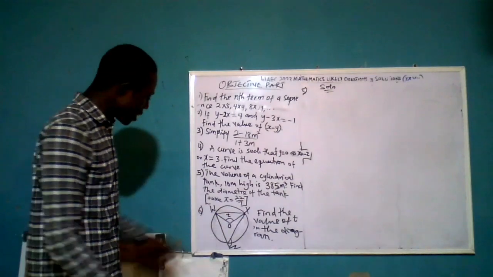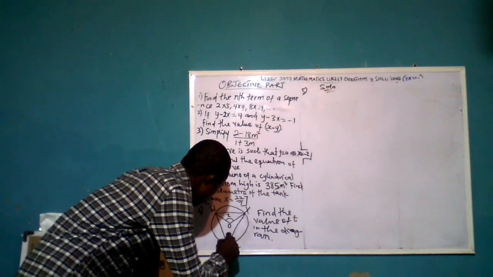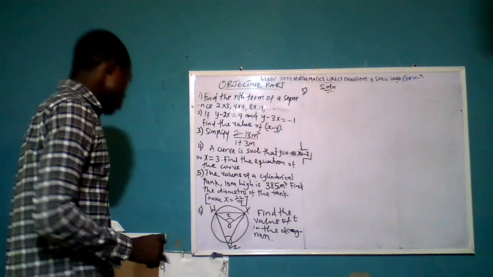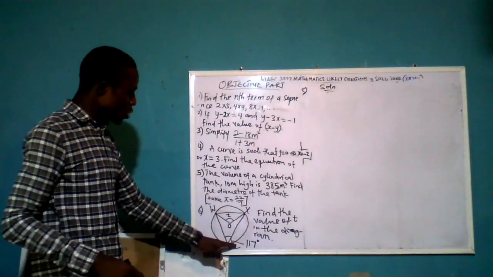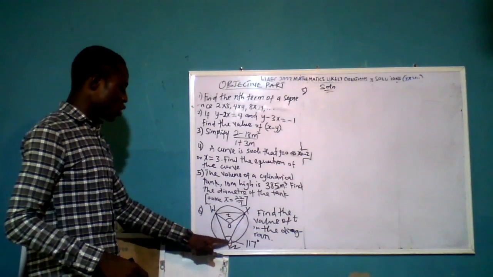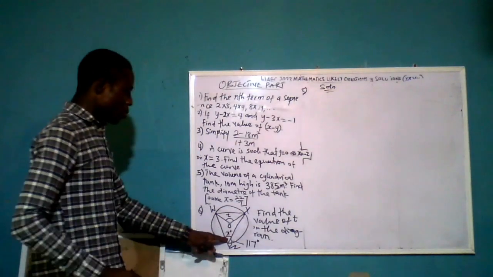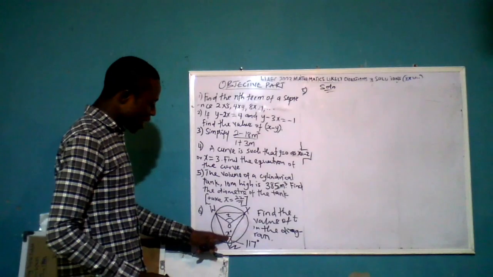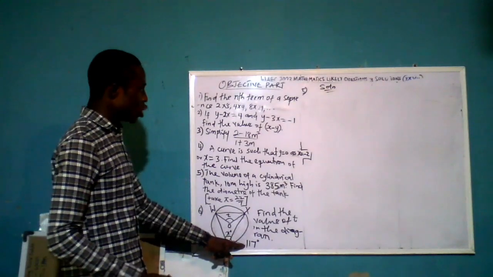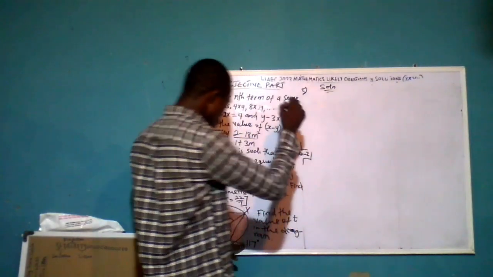If you look at this angle very well, and this angle is equal to 117 degrees, and these are on a straight line, that means the sum of these, let's call this angle x degrees, we don't know it yet, but when we sum up x and this angle, it will be equated to the sum of angles on a straight line.